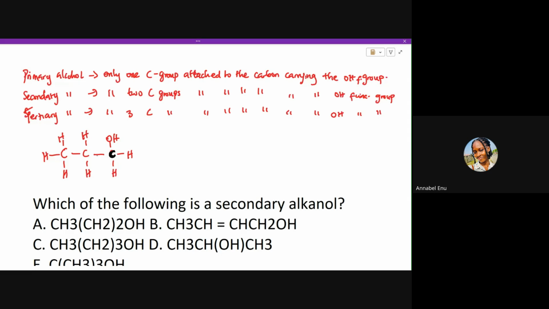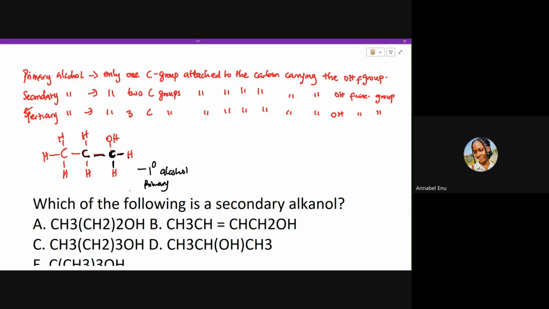Now, the carbon has four groups surrounding it by its four bonds. The first is the OH group, obviously. The other group is hydrogen. The other is hydrogen. And lastly, a carbon. So that is why we'll call this a primary alcohol. Either we say primary or we just write 1 degree.